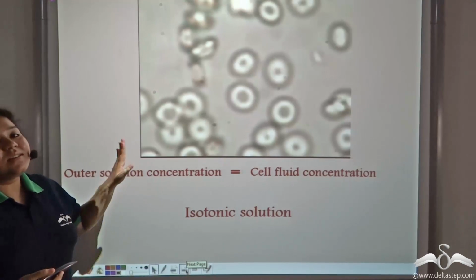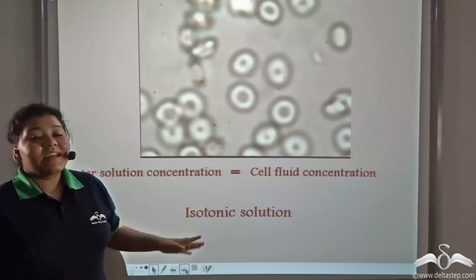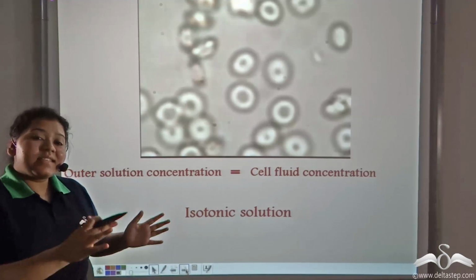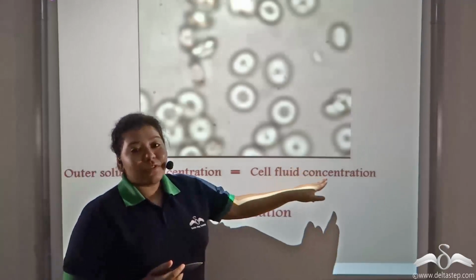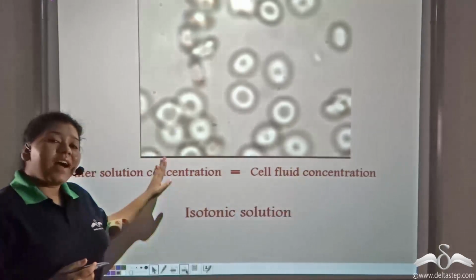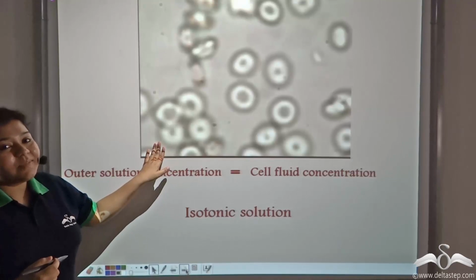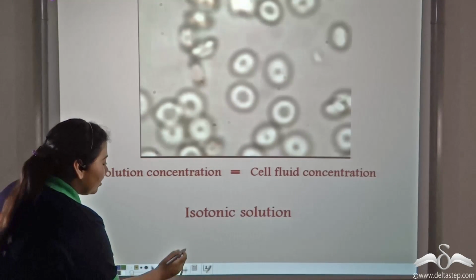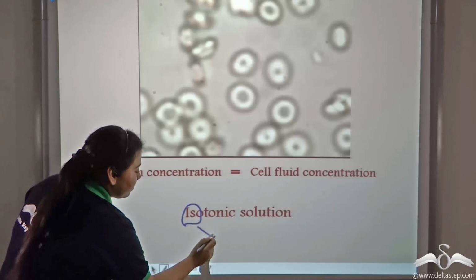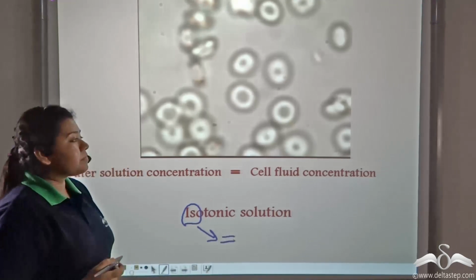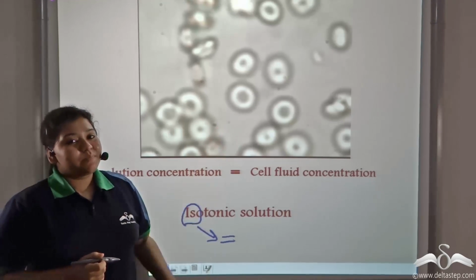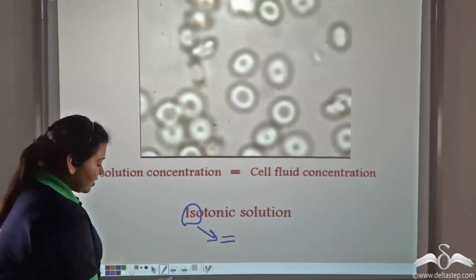Now, when the outer solution concentration, that is the concentration of solution outside the cell, is equal to the cell fluid concentration, then the outer solution is termed an isotonic solution, where iso means equal. Now, under these conditions, let us perform a simple experiment.